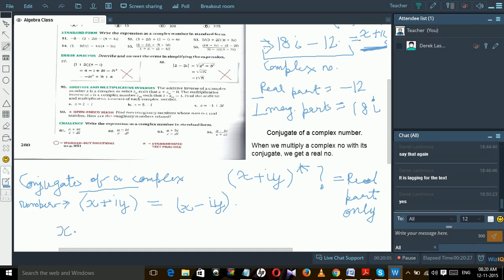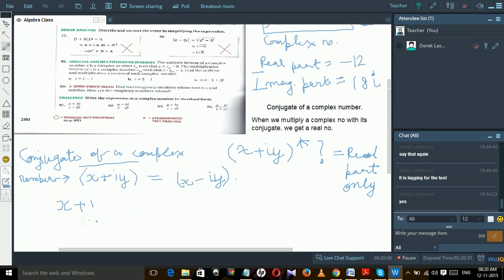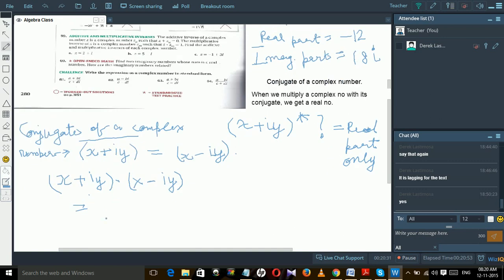Okay. So we'll multiply the complex number with its conjugate. x plus iota y multiplied by x minus iota y, its conjugate, okay?